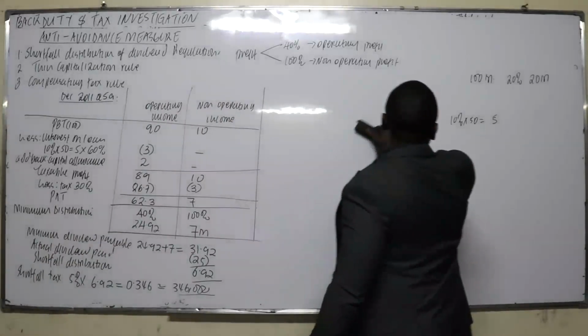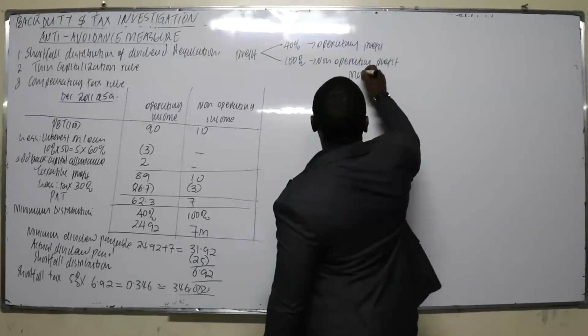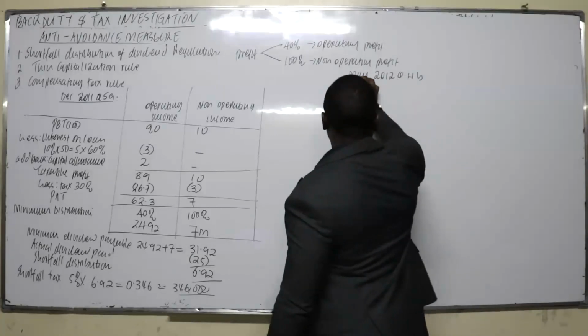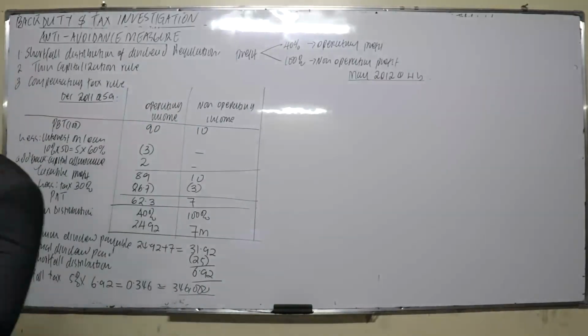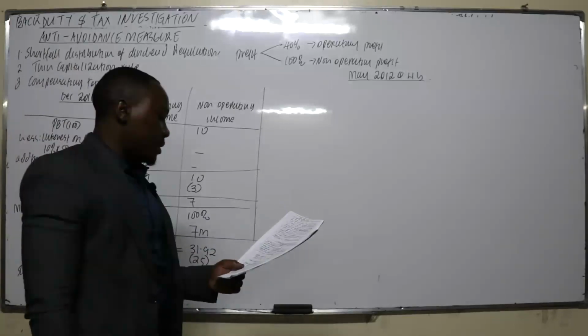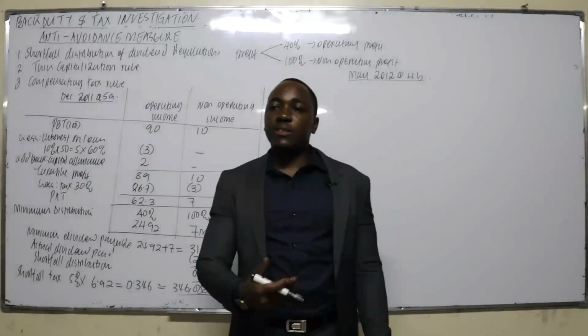May 2012, question 4B. At part one, you're told to justify the imposition of shortfall tax on the company.